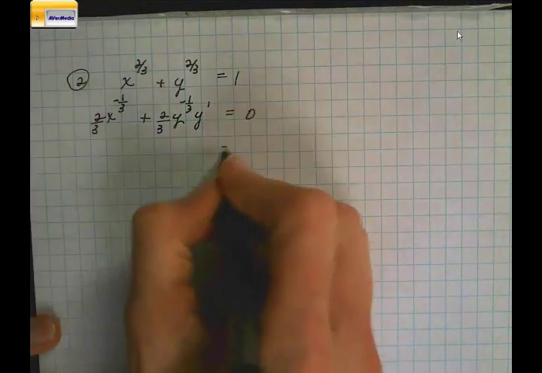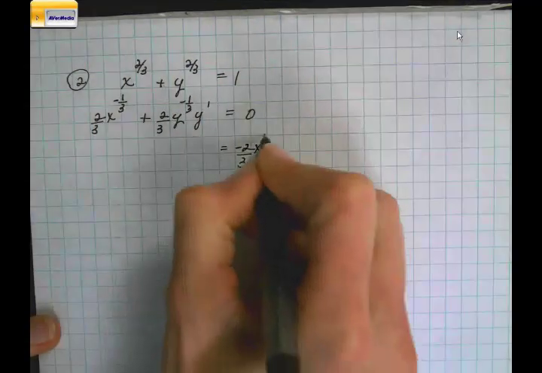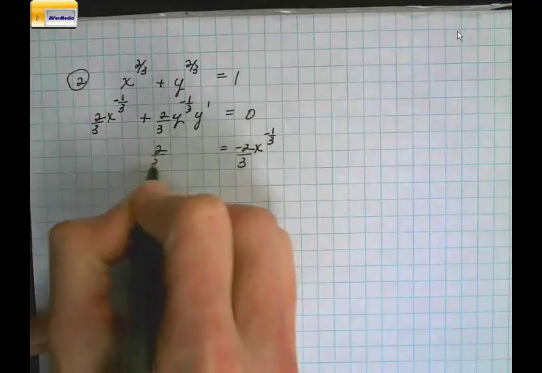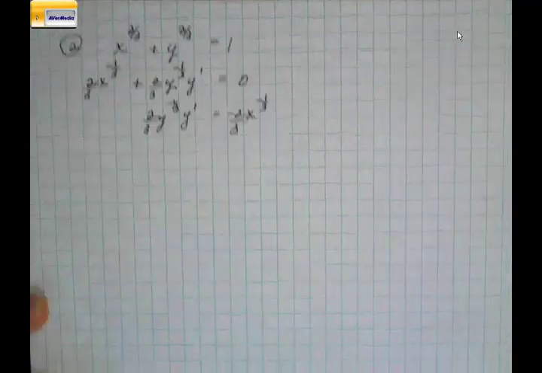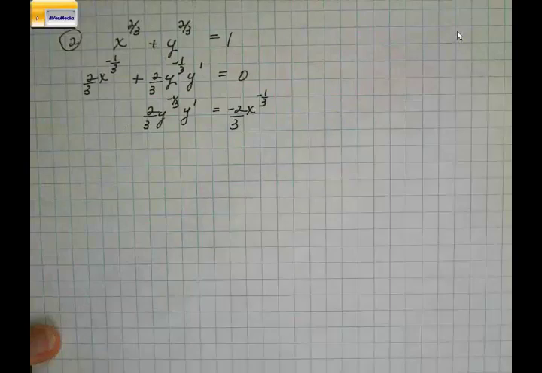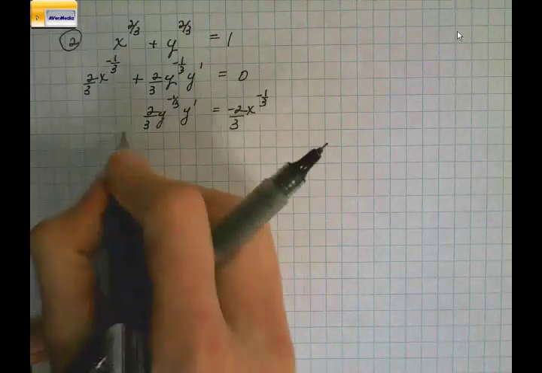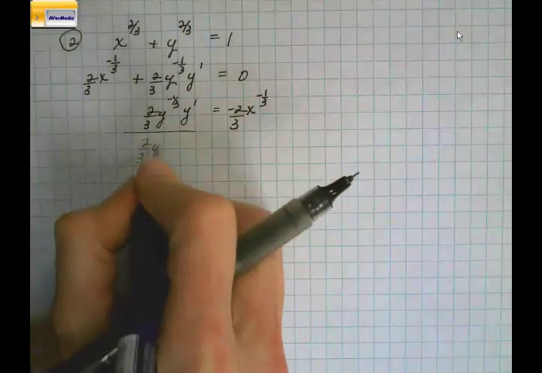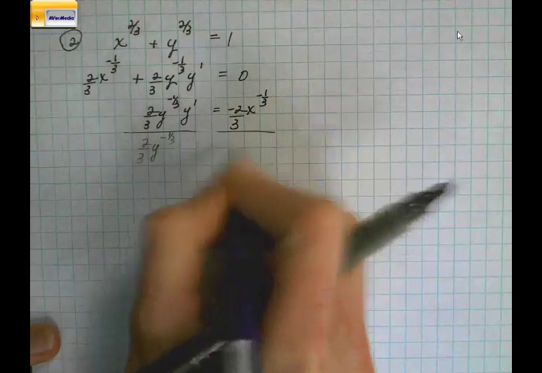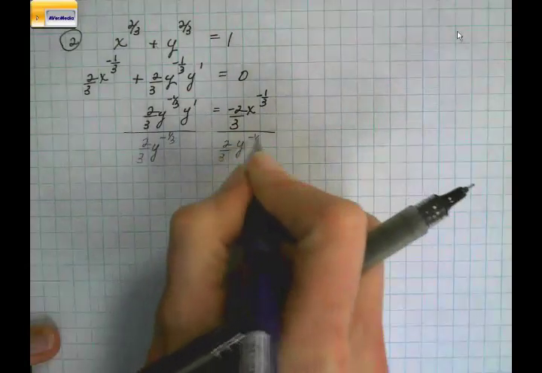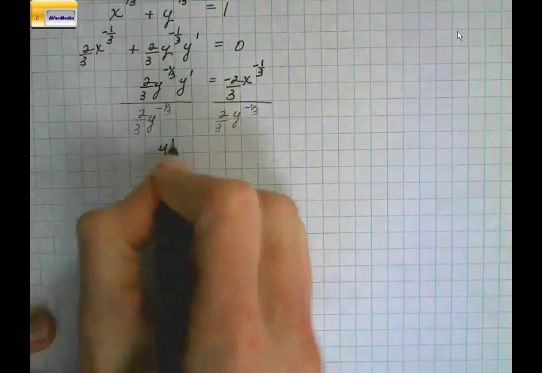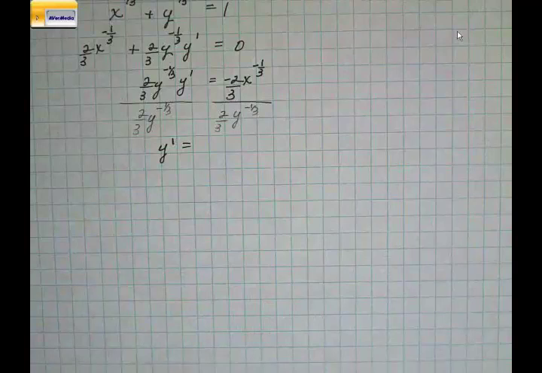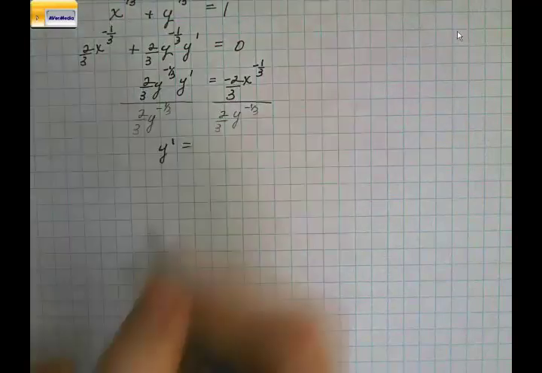So we subtract 2/3 x to the negative 1/3 from each side of the equation. Then divide by 2/3 y to the negative 1/3, right? So then you have y prime equal to the negative 2/3 over the 2/3, which is negative 1, right?